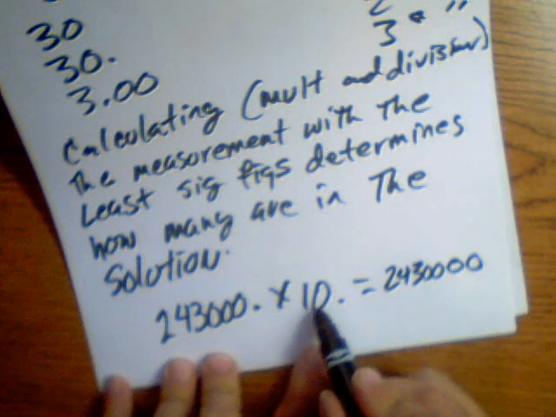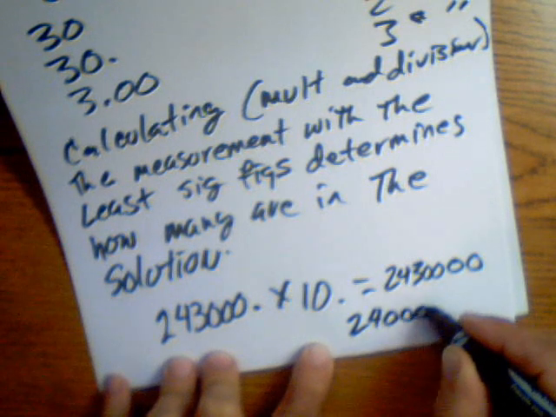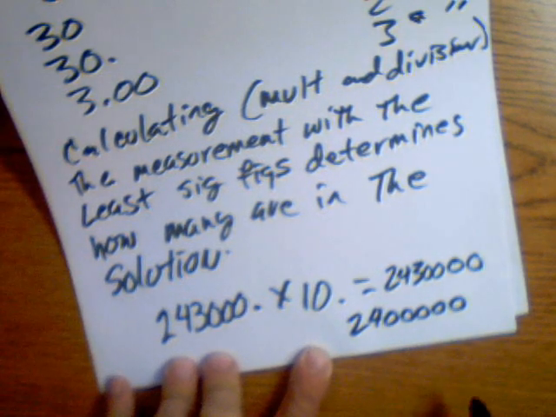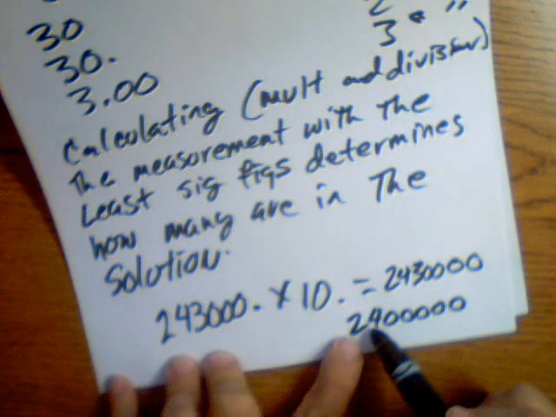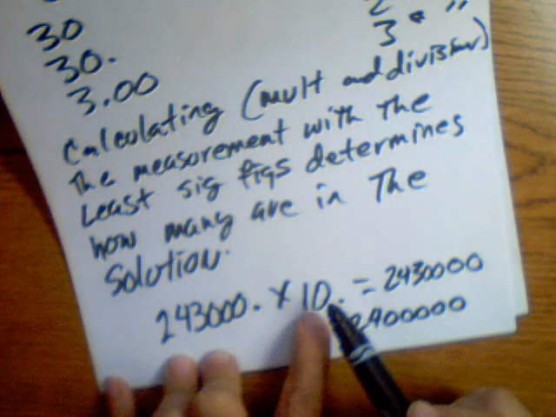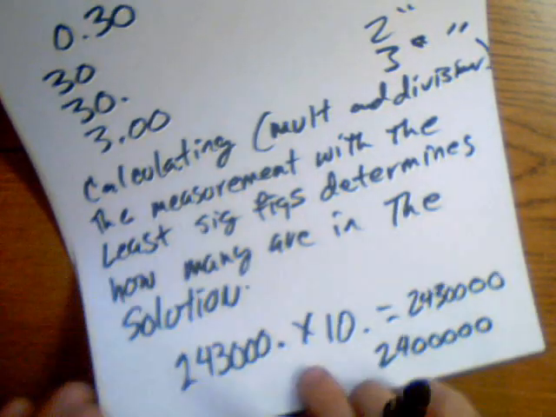We only have 2 sig figs here, so this would have to be our answer, because this number has the same number of sig figs as the least accurate, which is 2. All right? And the same thing for division, the exact same thing for division.